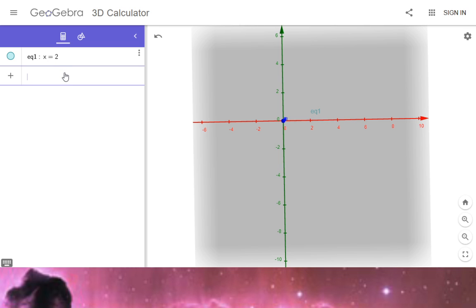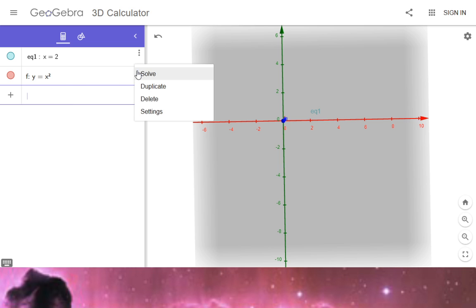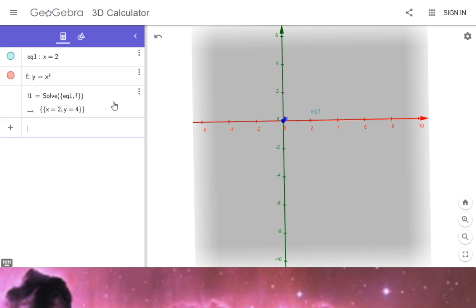Equation 1. Let's try y equals x. What am I thinking of? Y equals x squared. That's supposed to be equation 2, isn't it? Solve.